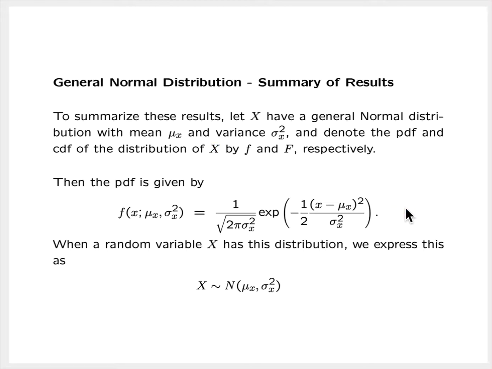And again, when we want to communicate the fact that a random variable x has a normal distribution with a mean of mu and a variance of sigma squared, we could just express that by writing down this PDF.